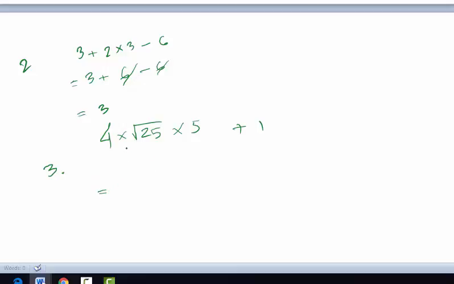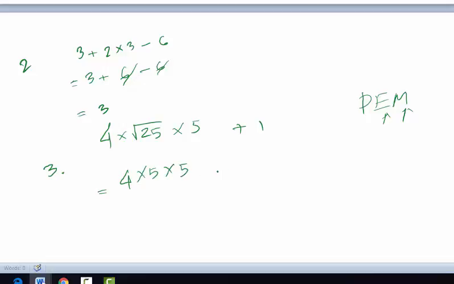This is multiplication and this is multiplication, but before that we have a square root. As you remember, PEMDAS, M comes after E, where E signifies exponent or roots. So the square root of 25 is 5.